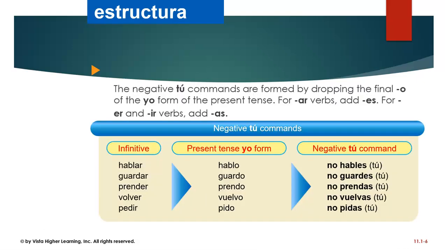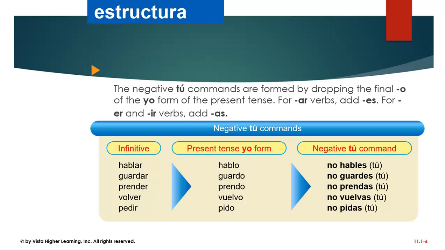Now, negative tú commands, this is formed by dropping the O off the yo form in the present tense. And if it's an AR verb, we're going to put an ES ending. If it's an ER or IR verb, we're going to put an AS ending. So in other words, think of it as being the opposite endings from what you learned. So hablar, we normally know that it's tú hablas, but the command is actually no hables.